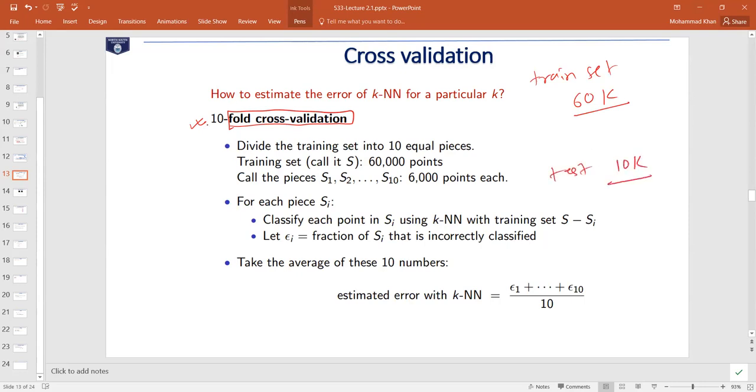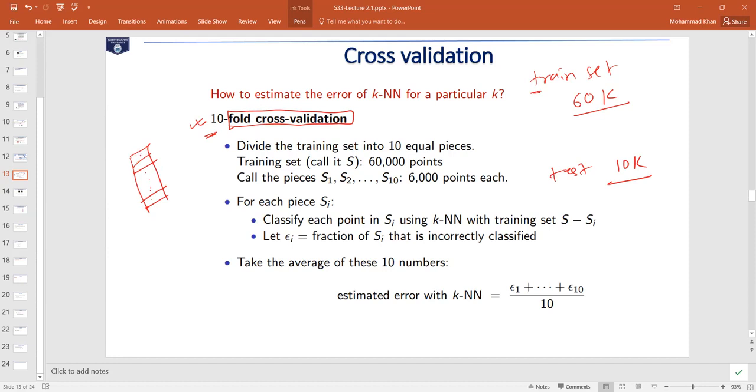Now, if we want to use cross-validation for the k nearest neighbor algorithm on the MNIST digit data set, and if we want to use 10-fold cross-validation, then we need to divide the training set into 10 different pieces or chunks. So 10-fold cross-validation means our training set will be divided into 10 different chunks, equally divided into these pieces.